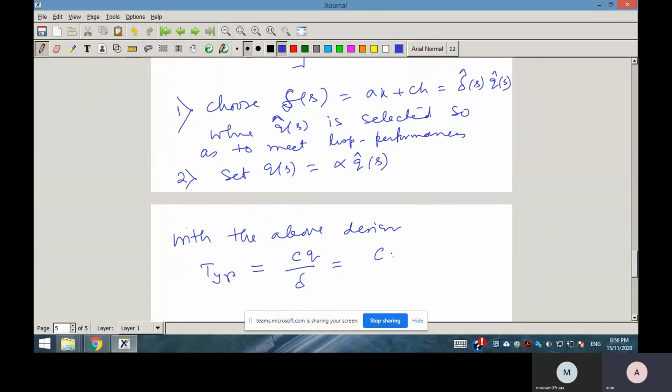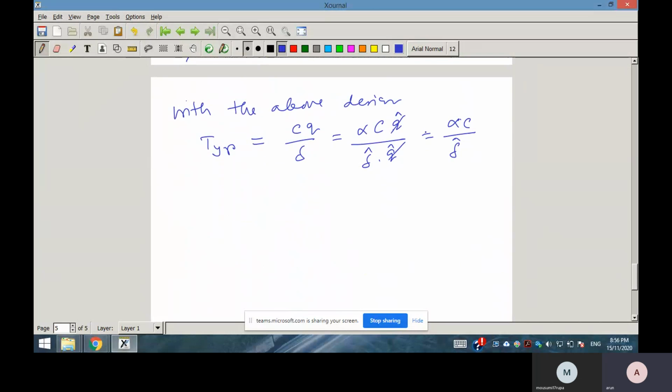Q you have chosen as alpha into Q hat. Again delta you have chosen as delta hat into Q hat. So this will get cancelled. That means it is equal to alpha into C divided by delta hat.